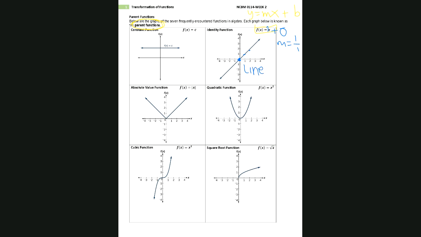Now, because the equation for it is f of x equals x, we could also replace f of x with y.